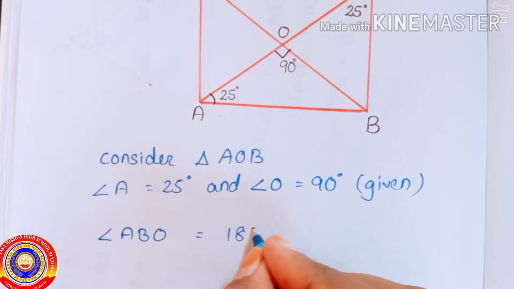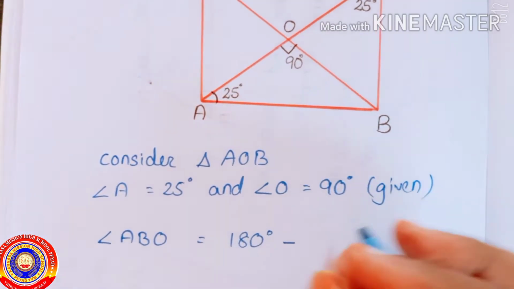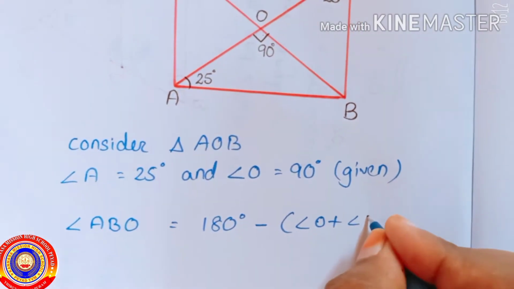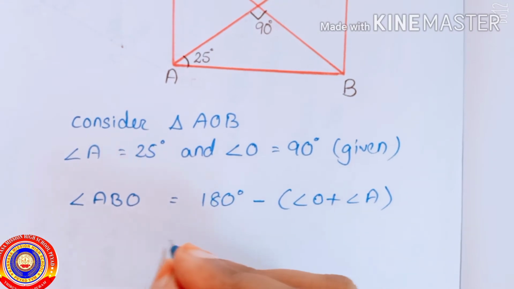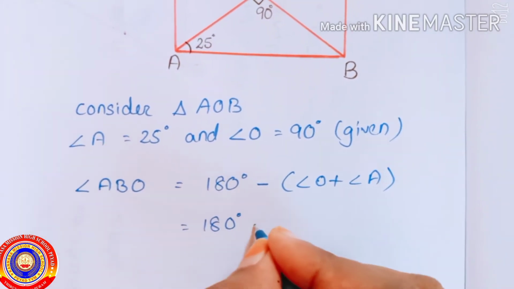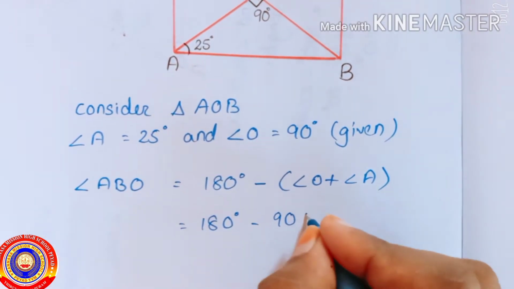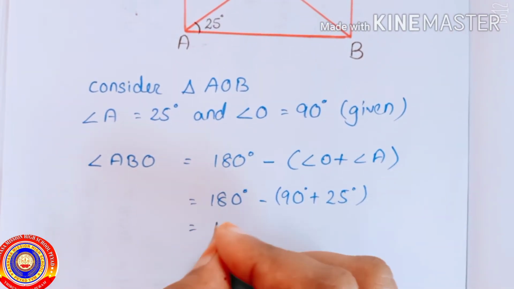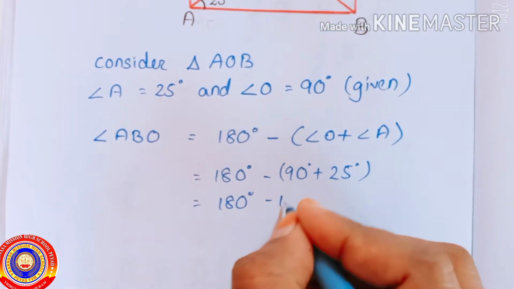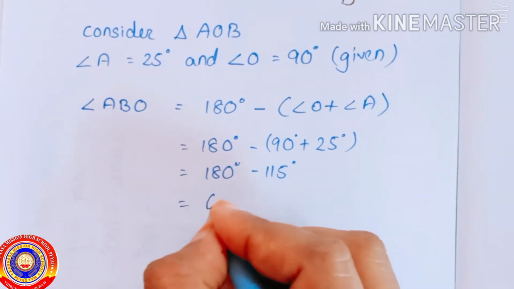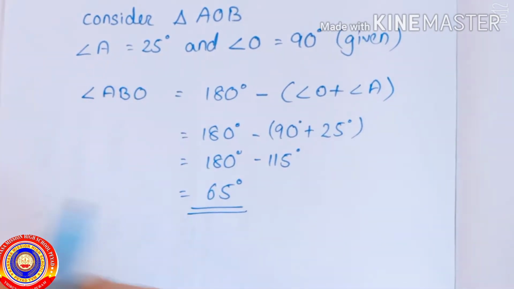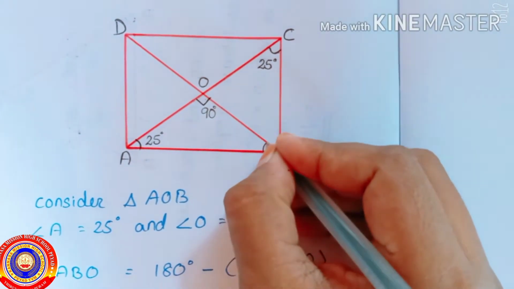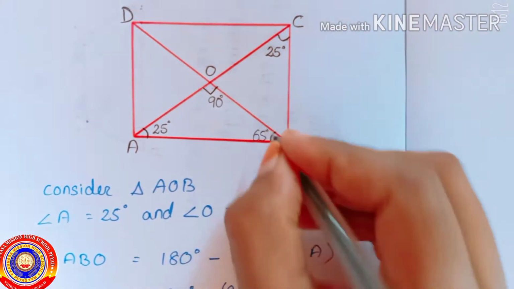Then angle ABO is equal to 180 degrees minus (angle O plus angle A). So 180 minus (90 plus 25), that is 180 minus 115, is equal to 65 degrees. So here we got angle B as 65 degrees.